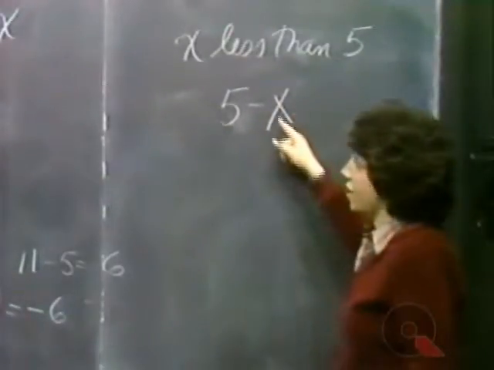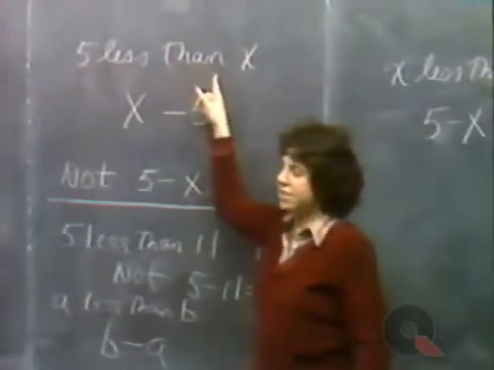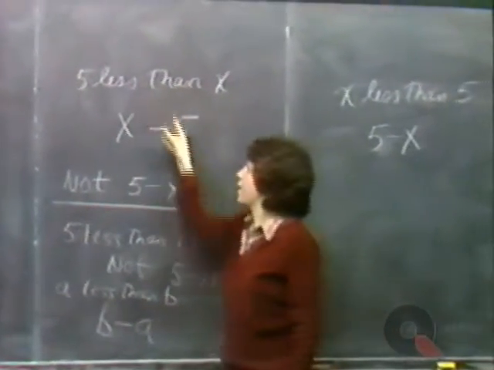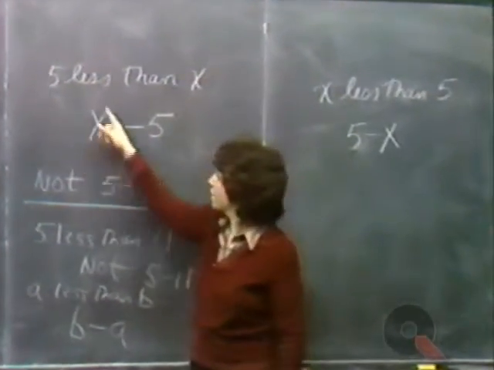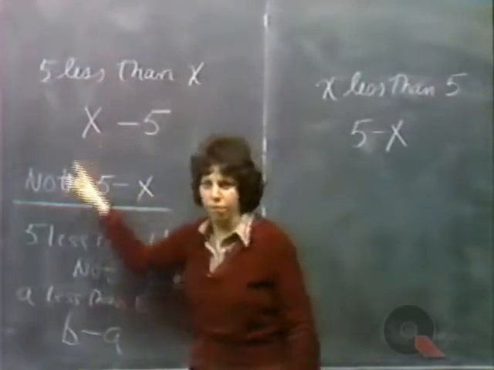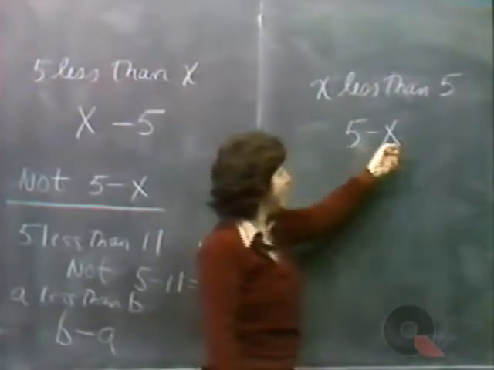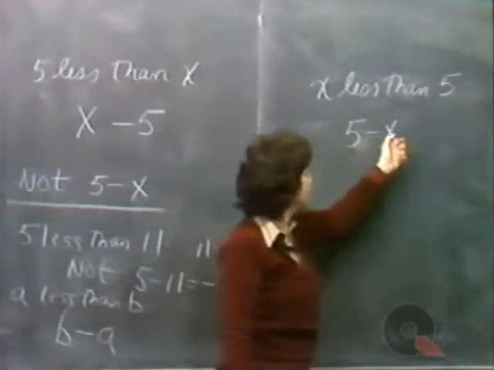We're taking x away from 5. Here, 5 less than x, we are taking the 5 away from x. 5 less than x, 5 fewer than x, we take 5 away from x. Here, x less than 5, we take x away from 5. X fewer than 5.